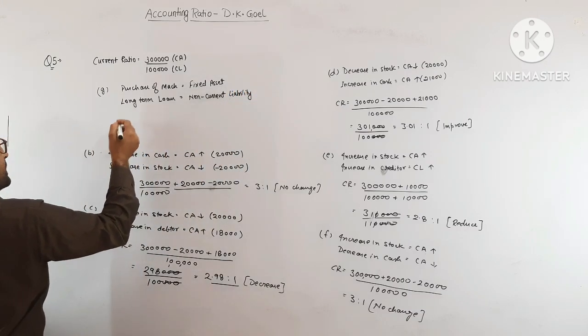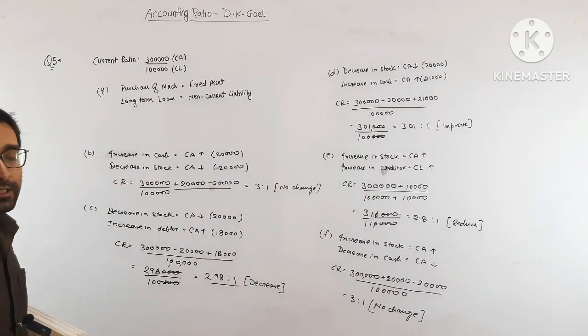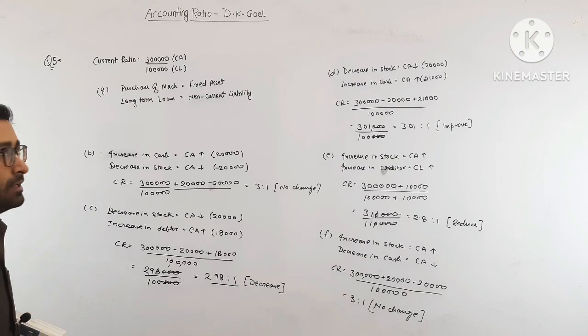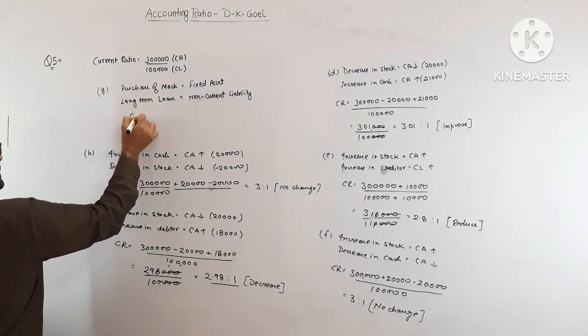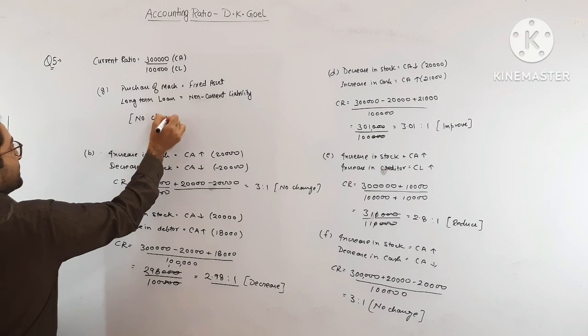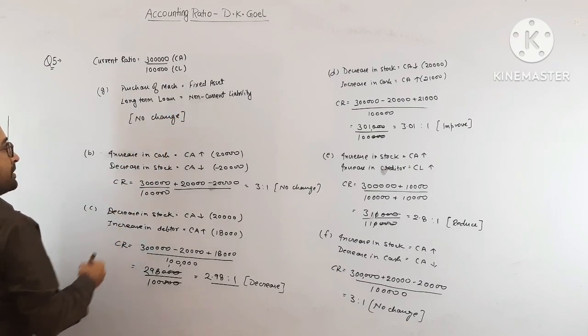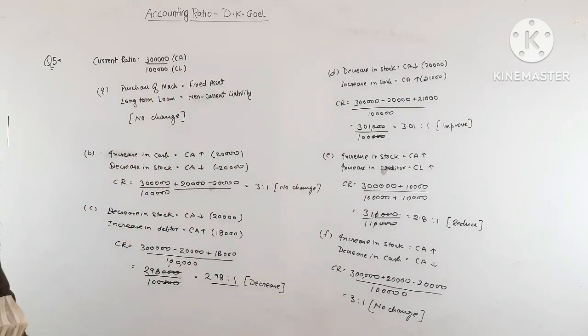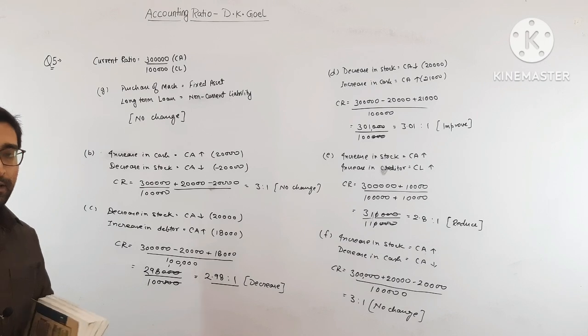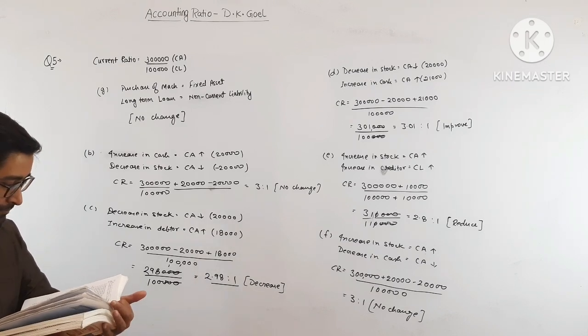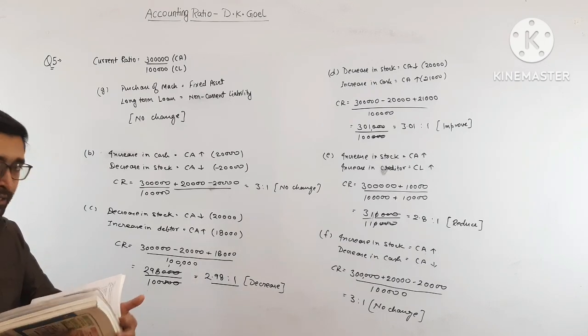So in this point there is no connection between current asset and current liability, so the result will be no change. Clear? So this way your question number 5 is complete.